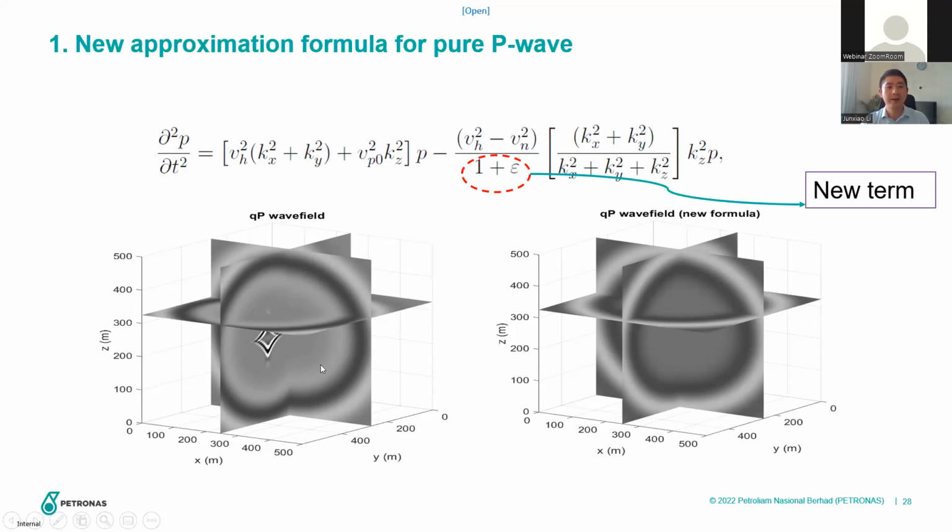The left-hand side shows the old equation that doesn't include the new term, where we can see the SV noise in the middle of the snapshots, and the right-hand side shows the snapshots after we use the new term. You can see the SV wave noise has been removed.